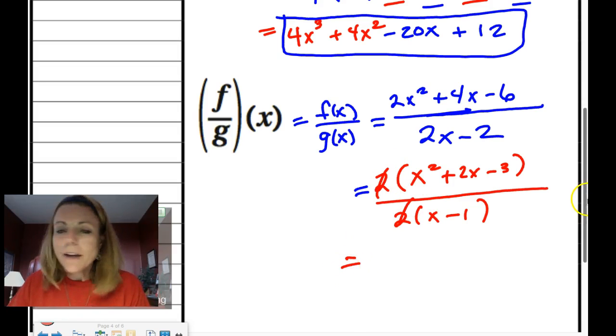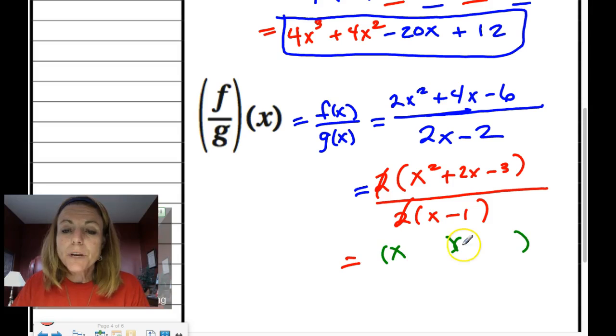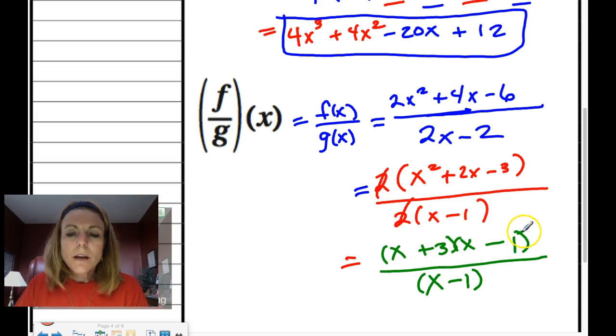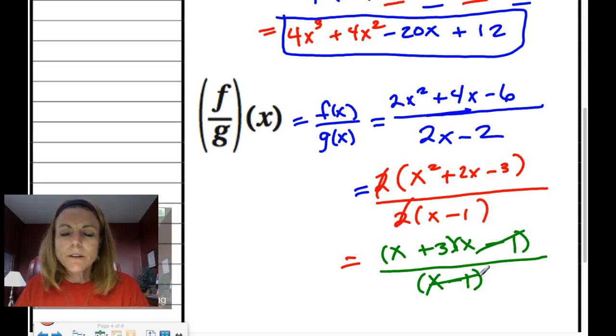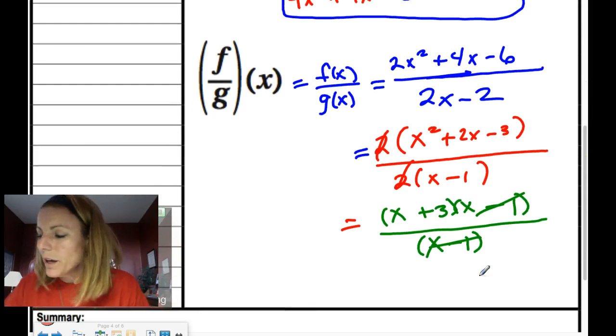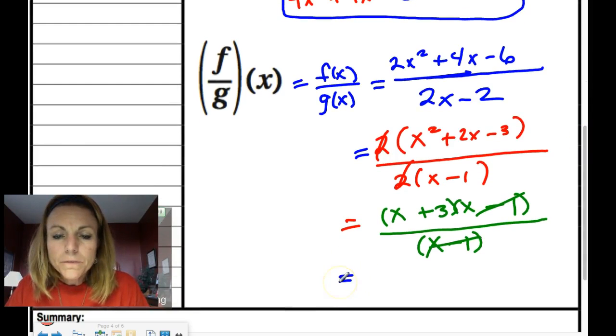Well, we can still factor more because if you look at the top, we can find two numbers that multiply to negative 3 and add to 2. Let's say 3 and 1, so they multiply to negative 3 and add to 2. The x minus 1's cancel, and you're left with x plus 3.